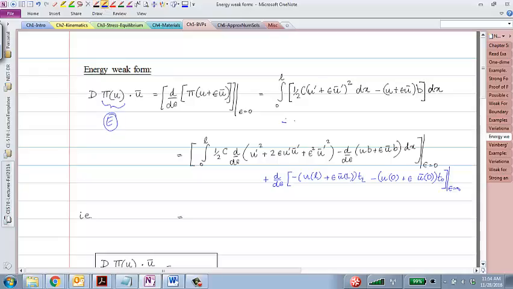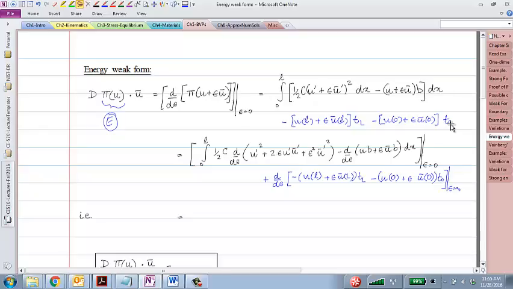Those would be minus u at L plus epsilon u bar at L, times T_L, minus u at 0 plus epsilon u bar at 0, times T_0. This expression is nothing but the same expression that we had on the previous page for pi of u, except I've replaced u with u plus epsilon u bar.